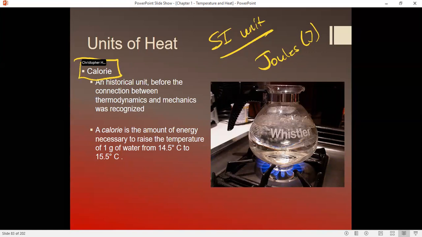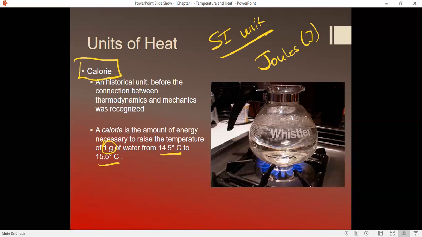Calorie is based on 1 gram of water going from 14.5 degrees Celsius to 15.5 degrees Celsius. I have no idea how they came up with those temperatures because the heat capacity of water does change a little bit with changing temperature.